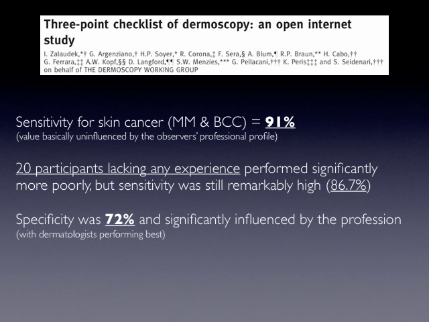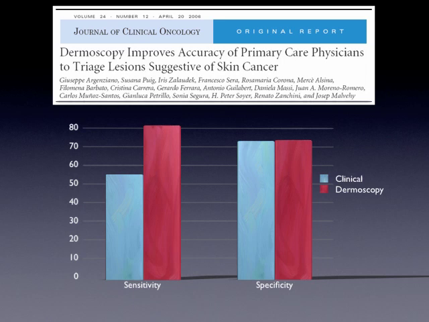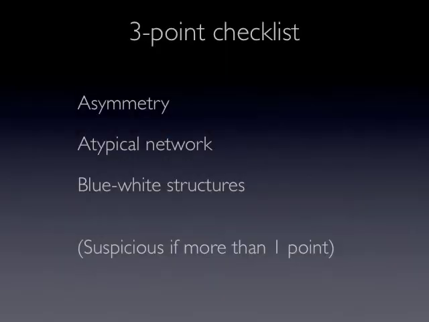In contrast, the specificity overall was about 70%, but it was significantly influenced by the profession of the observer, with dermatologists performing best. In a subsequent study, we verified that even in the hands of general practitioners who have no experience in dermoscopy at all, by doing a short course of 1 day, they increased dramatically their ability to triage lesions suggestive of skin cancer.